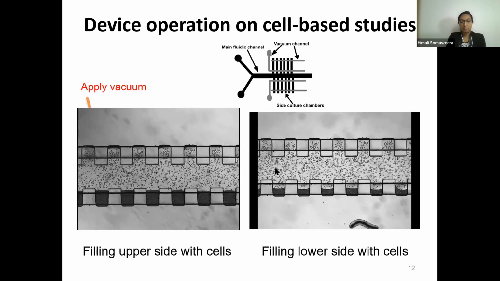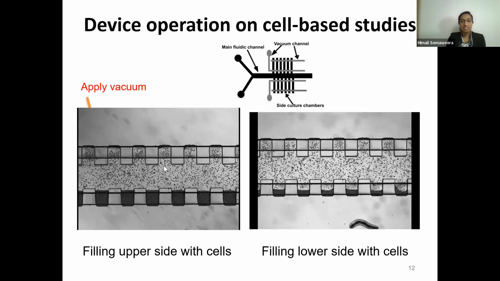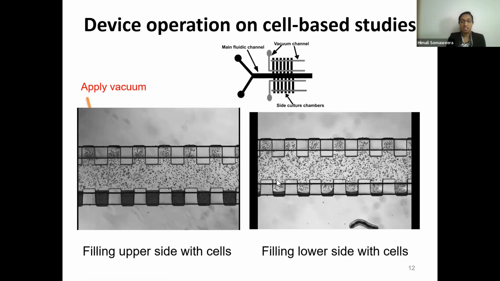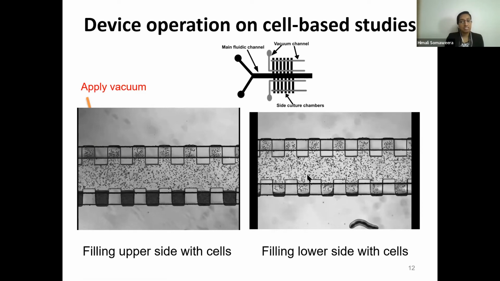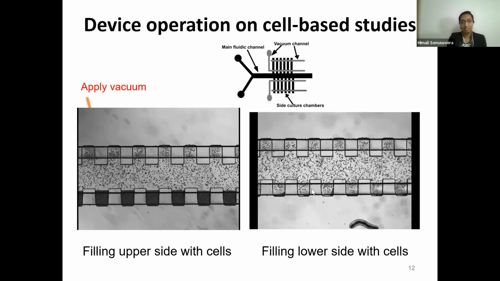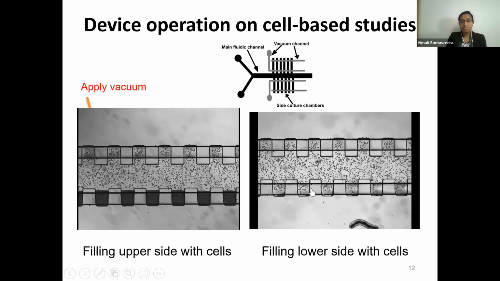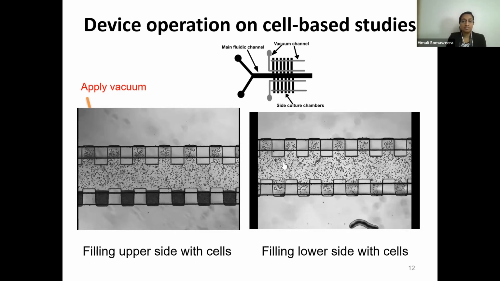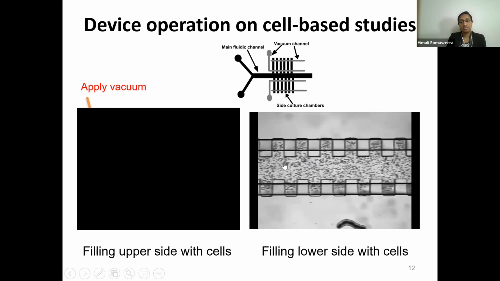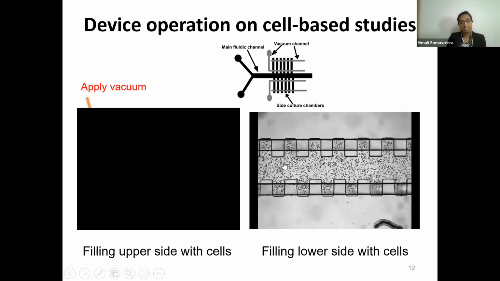The cells can stay there for a long time, and I will show you the cell viability. We did a long-term cell viability study. Once the cells are loaded, we can use any drug or chemical that we want to test on the cells.